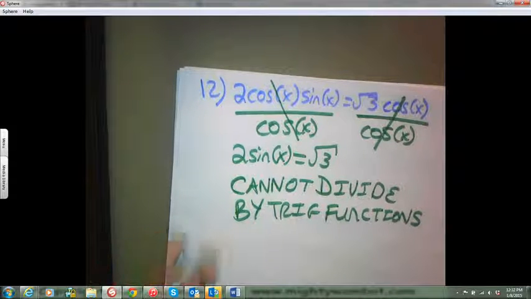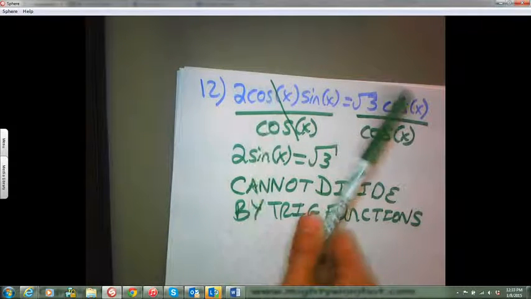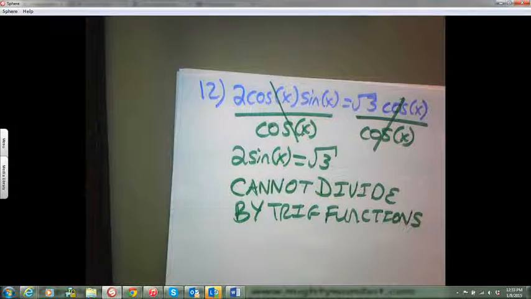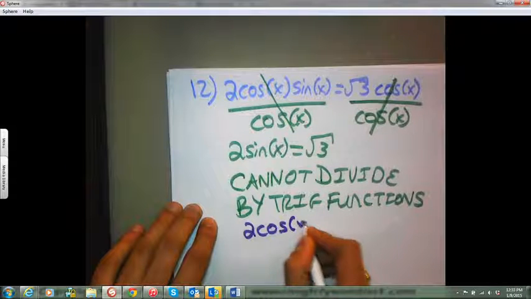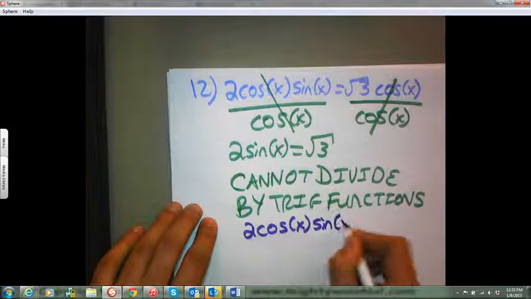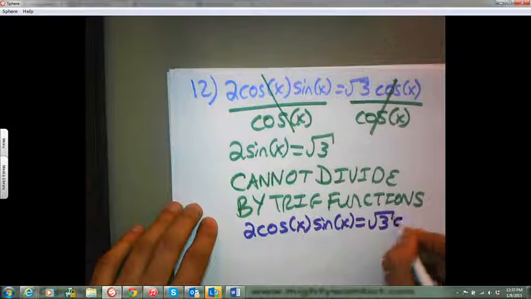We need to solve this problem a different way. So how should we solve it? Well, let's find out. The way we should solve this is the following. What we should do is, instead of dividing, just minus this on both sides.